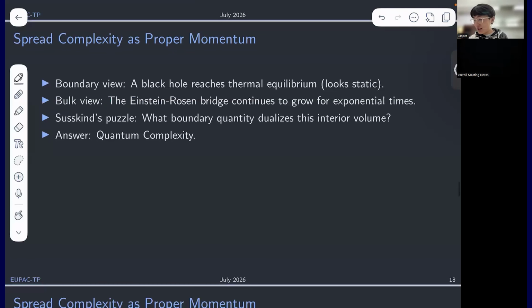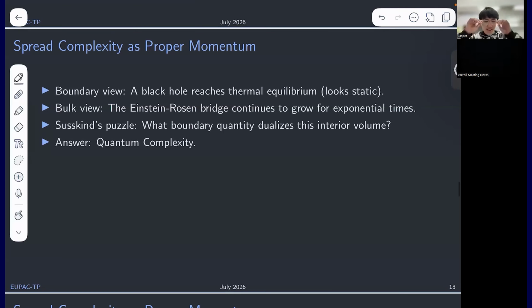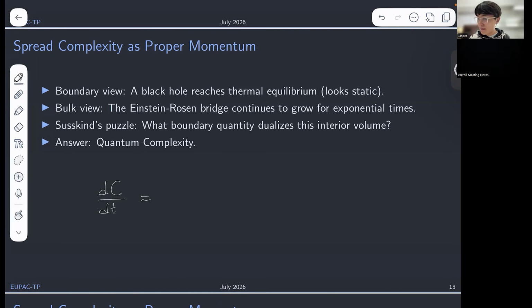So in early days, they tried to study this with SYK models, and they formed a conjecture where the rate of growth of complexity is directly proportional to the proper momentum of the particle.